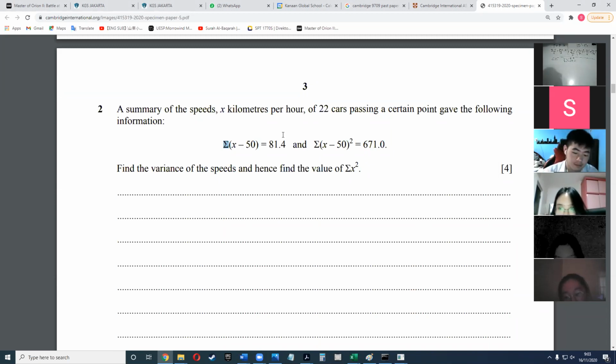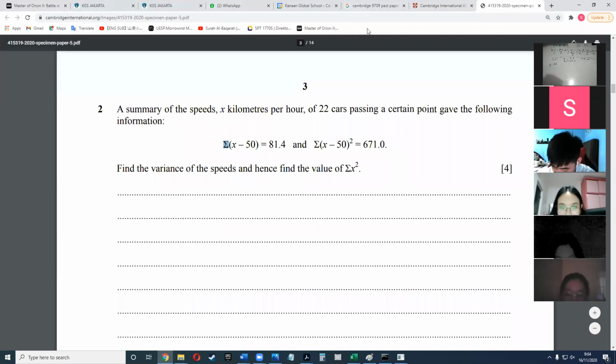And from the coding here, we know that u is x minus 50. 50 is the constant with which we're going to change the x. They are asking for the variance and the sum of the x squared. Okay. Let's see how we can do this.